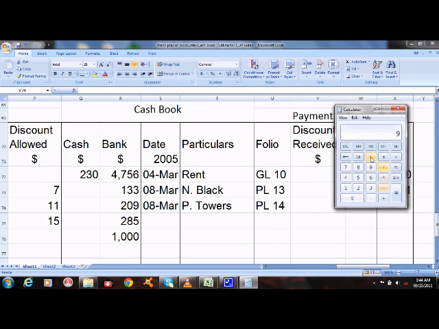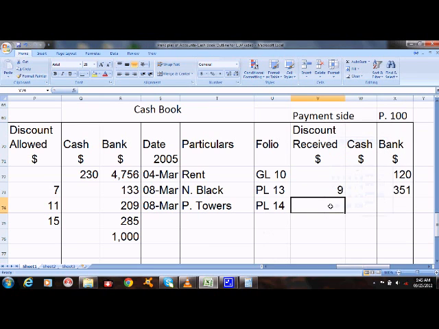So it will be 2.5 divided by 100 times, what is that? P Tours is 480, and it will equal 12.